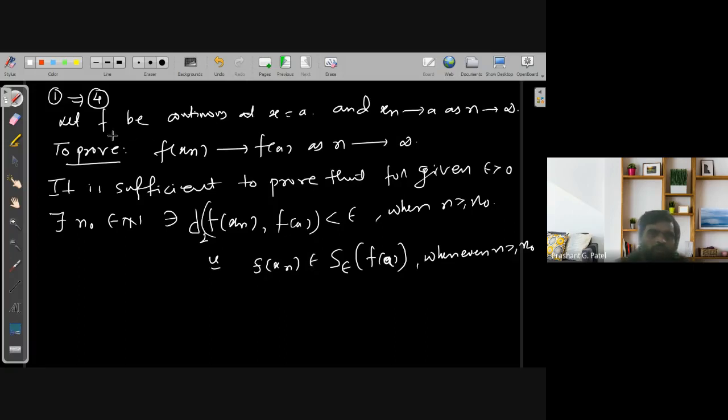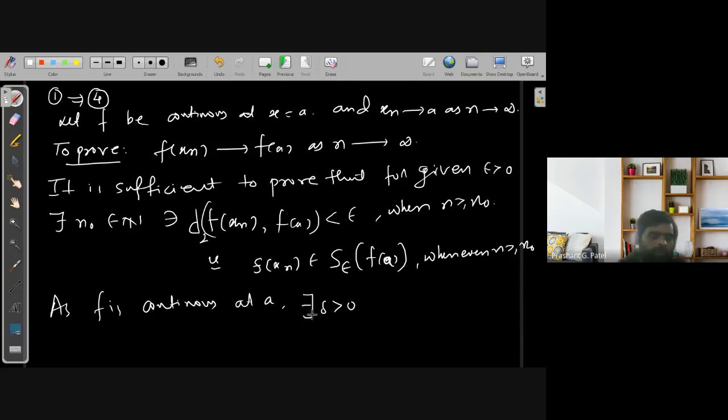We are given that f is continuous at the point x is equal to a. So as f is continuous at a, we'll say that there exists a delta greater than 0. Epsilon is given, so I'm just using the same epsilon here.